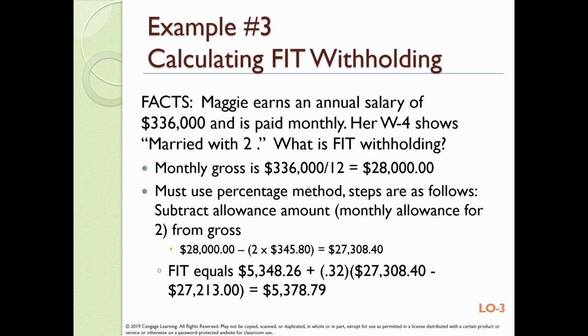Yes, 2650. 32% would be of the amount over 27,213, which is just that tiny little amount. 27,300 is the amount, 32% of the excess over 27,213. Excess of the number we just found there. So you're really only paying 32% on like $78 or $95.